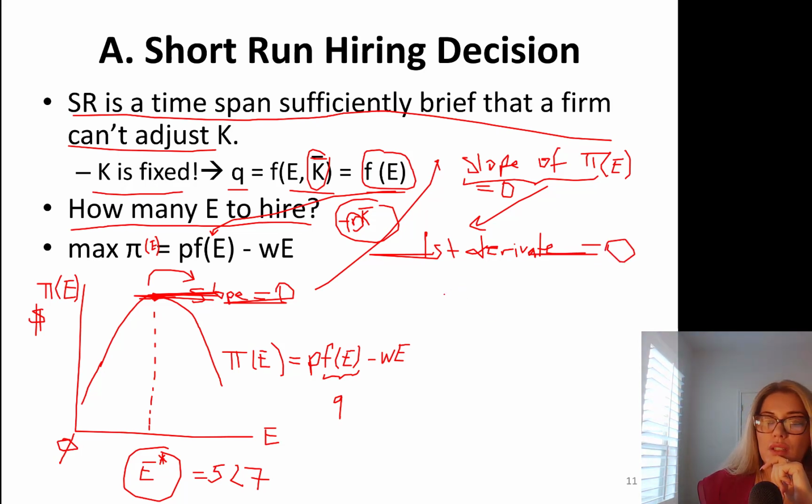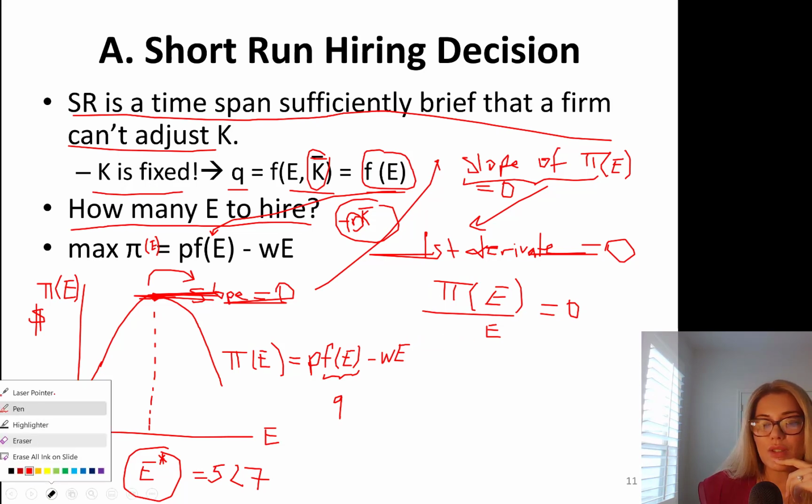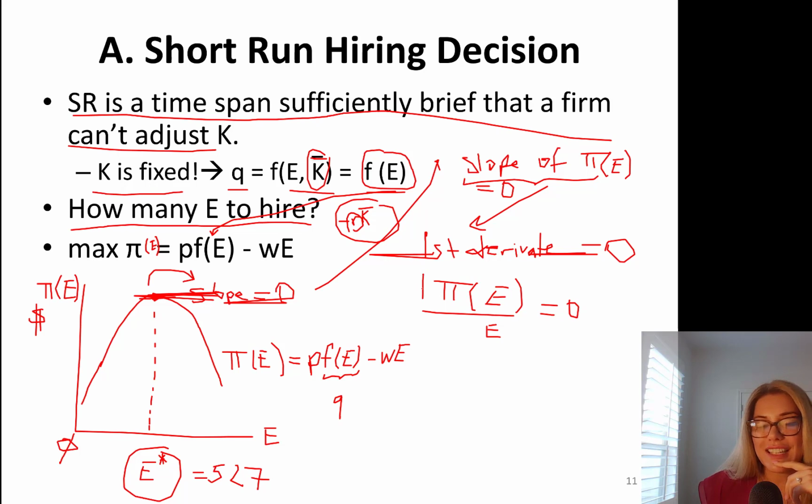First derivative means finding the change in the profit function with respect to change in employment, and equalizing it to 0. However, this change is a discrete change, 0 to 1 change, but because this is a continuous function, instead of this Greek letter capital delta, we are going to use little d.